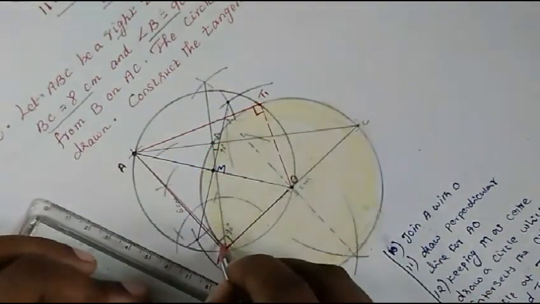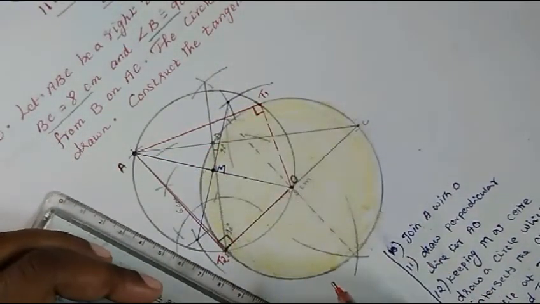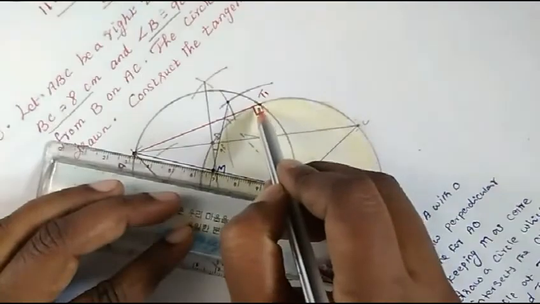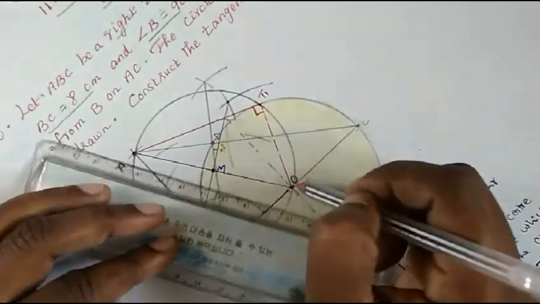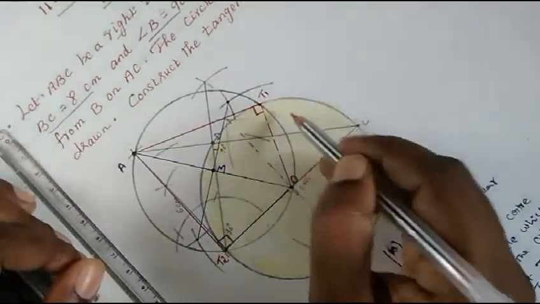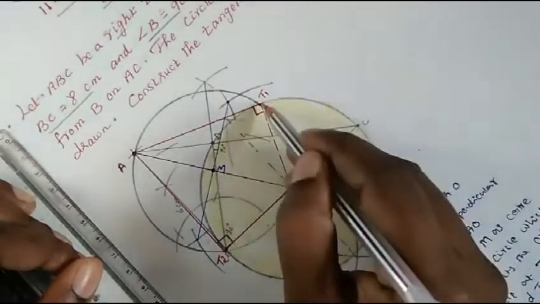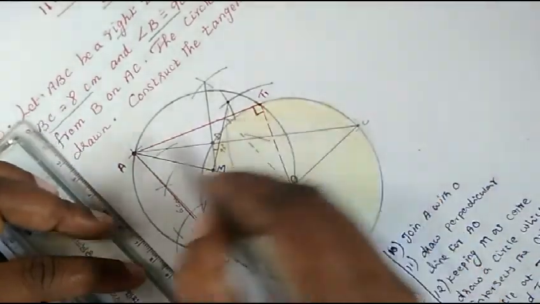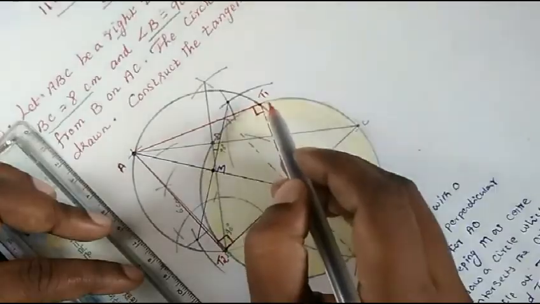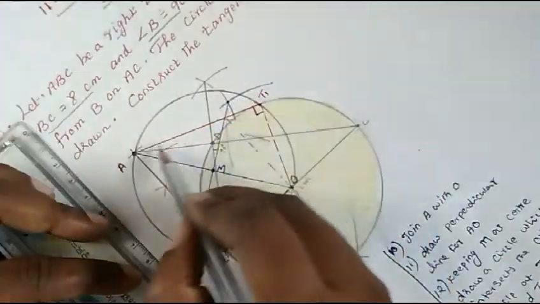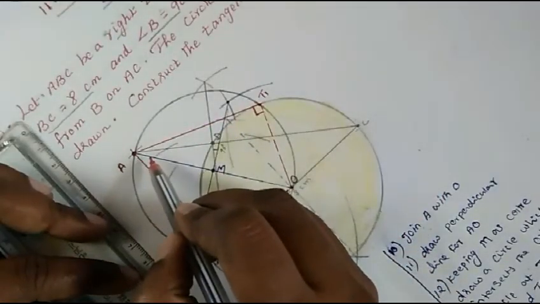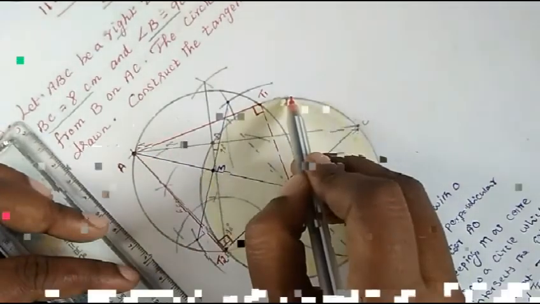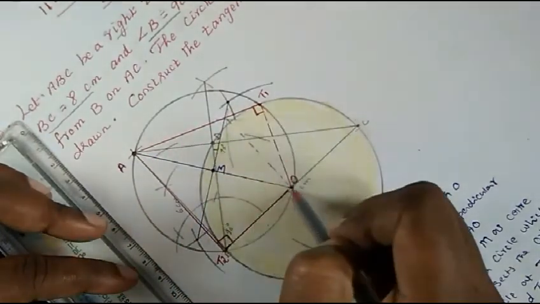In the same way for this also it will be 90 degree, and if this is 90 degree and this is the radius of this circle, then AT1 has to be a tangent, because theorem 10.1 says tangent is always perpendicular to the radius.